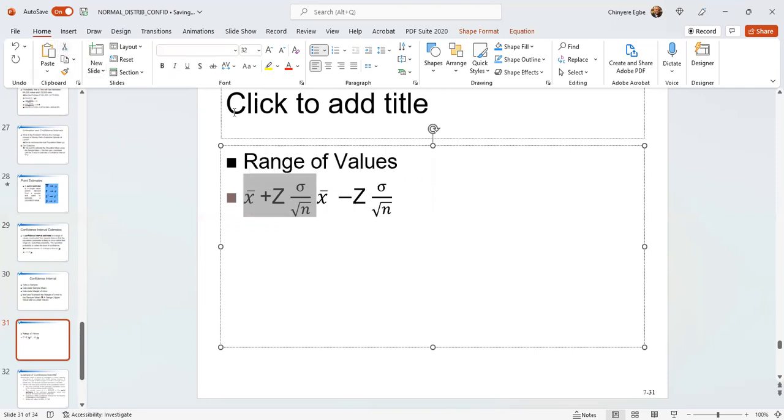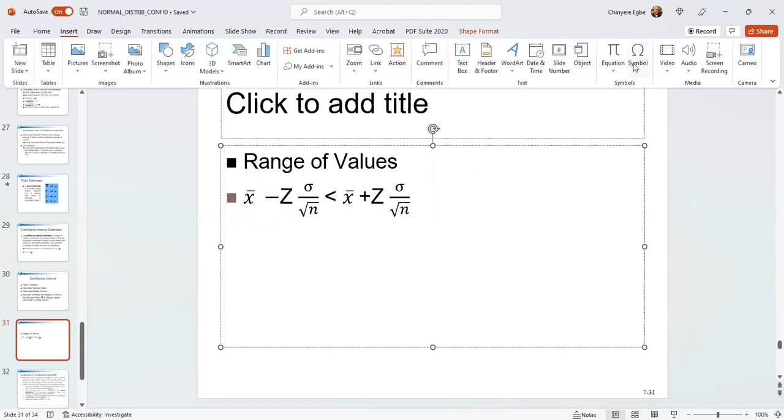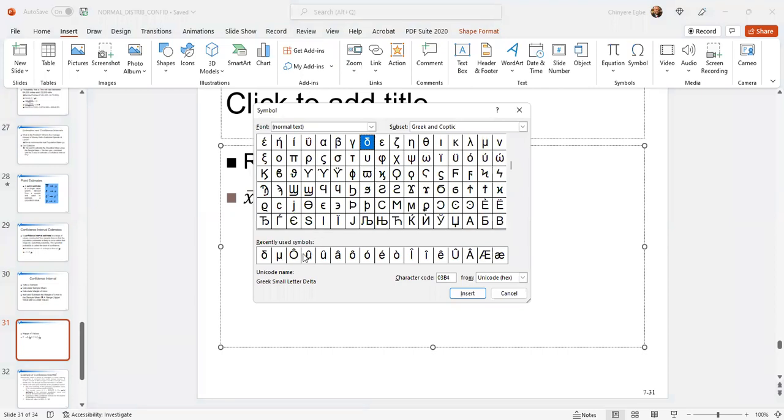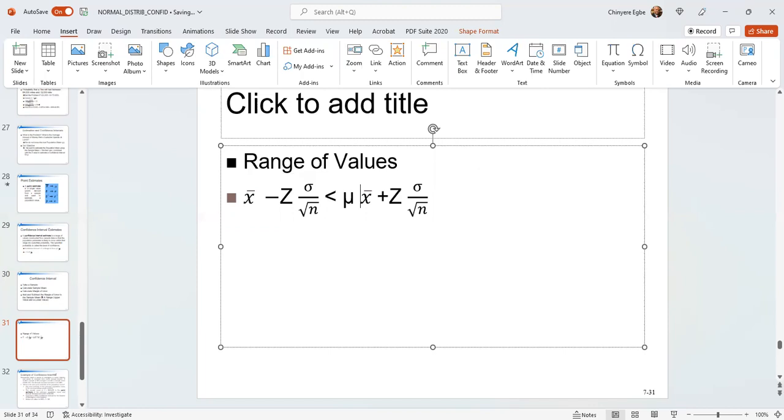What are we trying to say here? What does this mean? What we're saying is we don't know the true value of the mean.